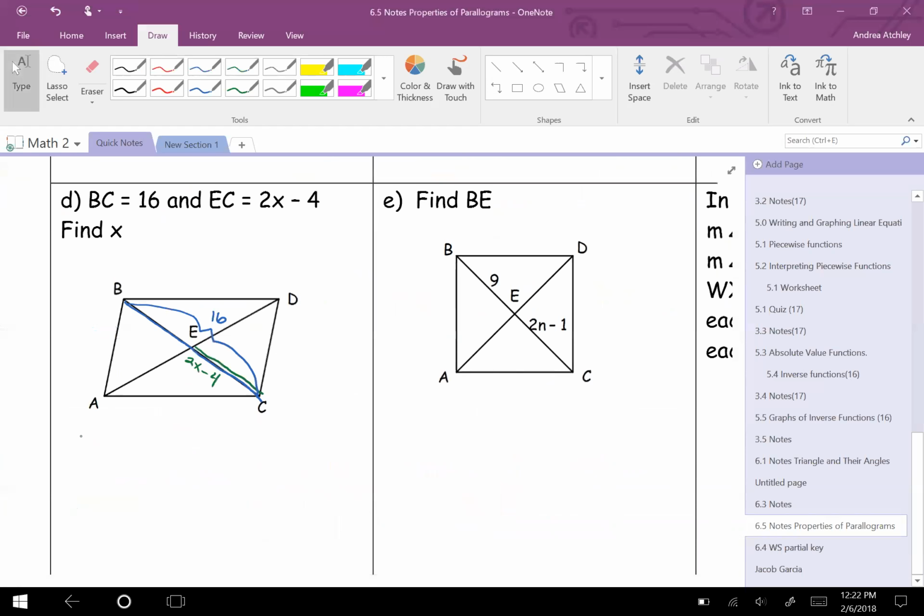So that means that segment BE is congruent to segment EC. And EC then is going to equal half of the whole of BC.